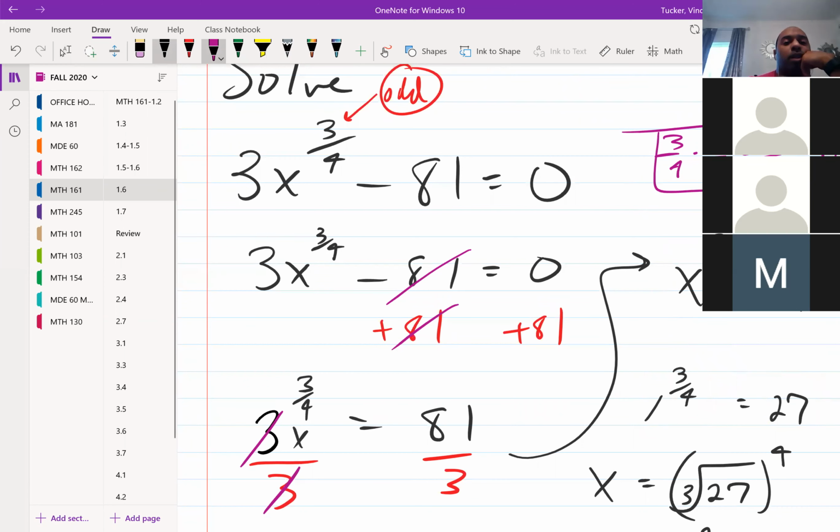And that'll give us x to the 3/4 equal to 27.